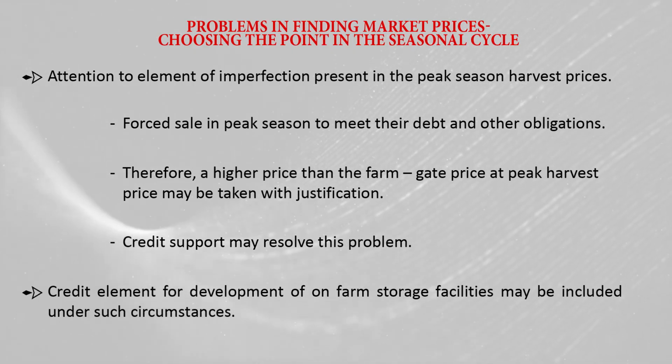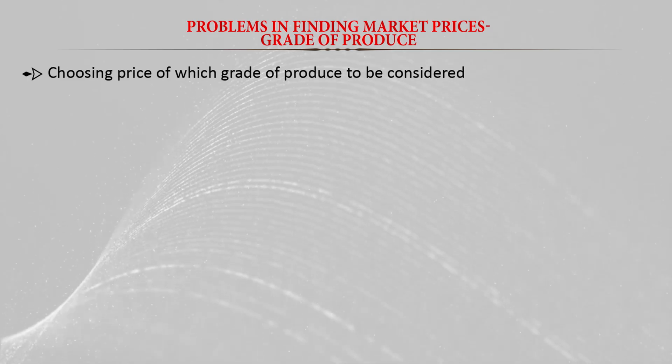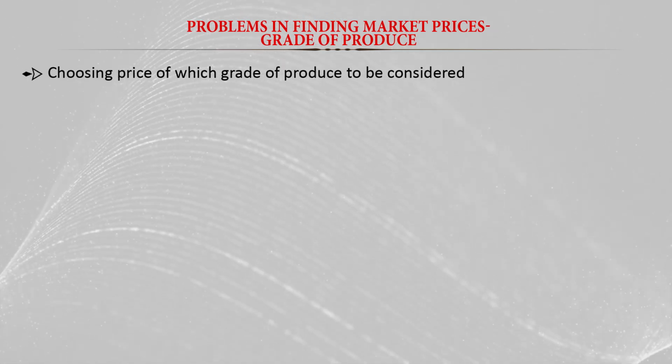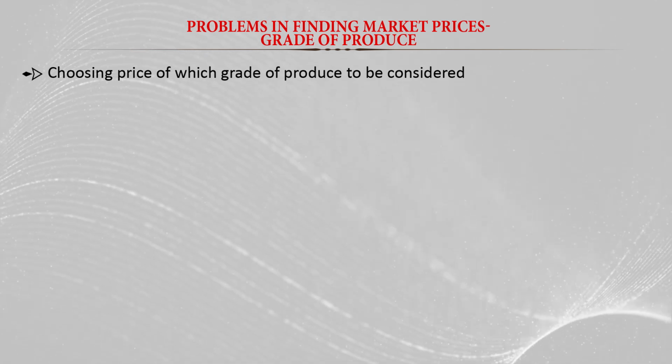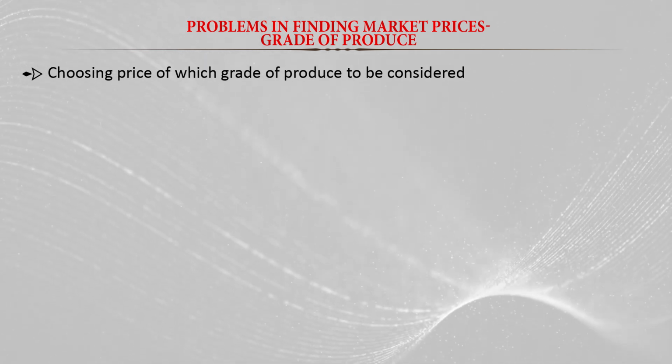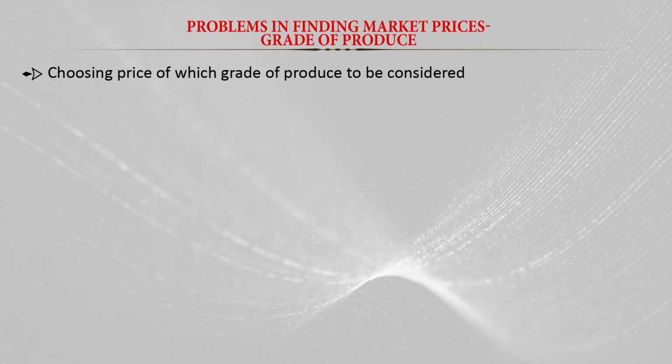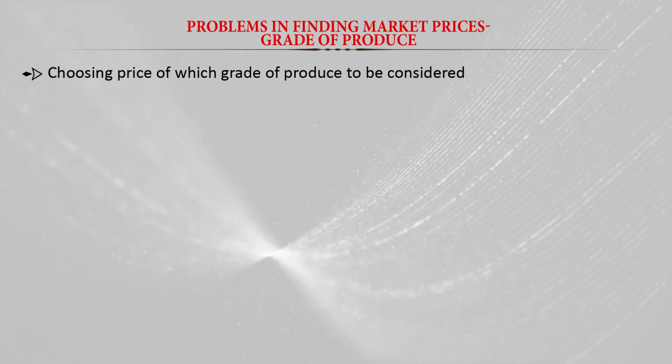Then another problem, when we want to get the right prices for costing and benefit analysis, is the grade of the produce. That is, choosing the price of which grade of the produce is to be considered. Like in case of rice, we have two varieties, coarse rice or fine variety.